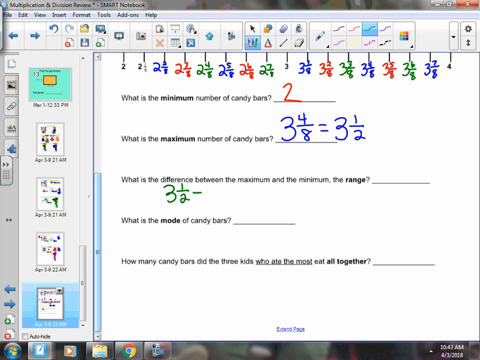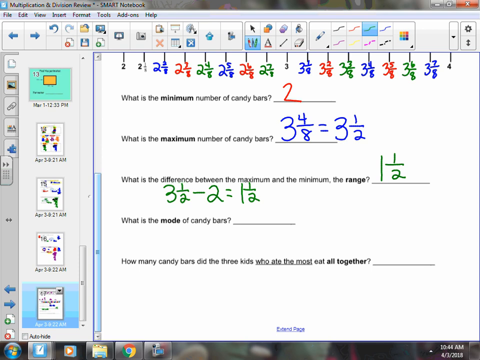Our minimum is 2. And if you subtract, what's a big old 3 minus a big old 2? A big old 1. And what's a half minus nothing? A half. So the difference between the two is 1.5. That means the kid that ate the most ate 1.5 candy bars more than the kid that ate the least. So they were really cruising during those 3 minutes.